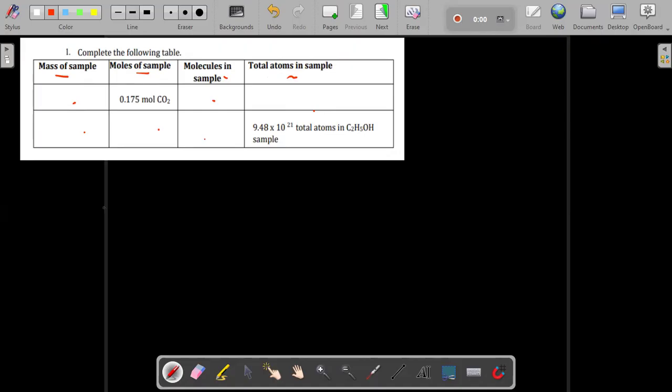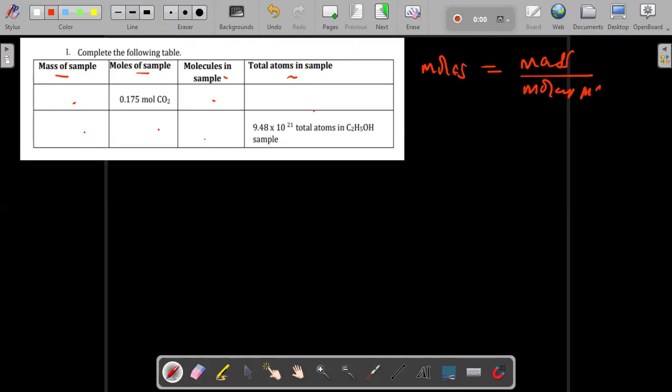The first one is the formula that relates the moles, the mass, and the molar mass. That's the formula we use to calculate the moles if you are given a mass of a certain substance. The moles are equal to the mass divided by the molar mass.